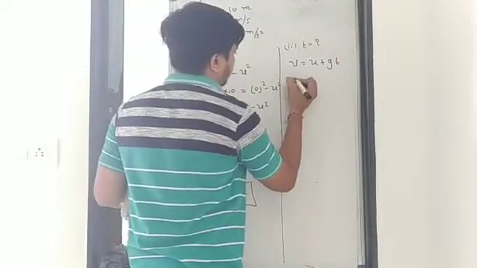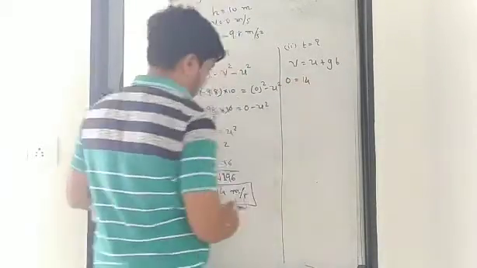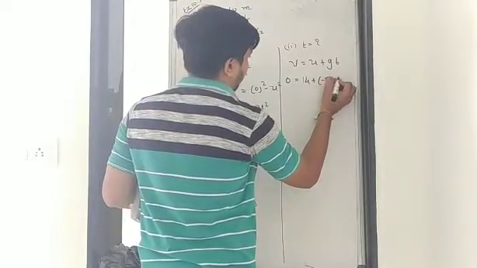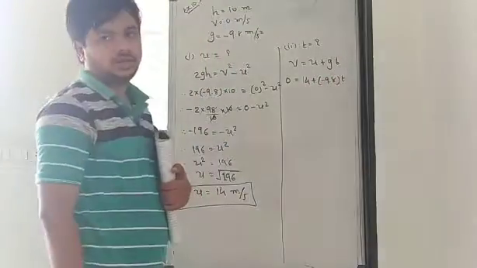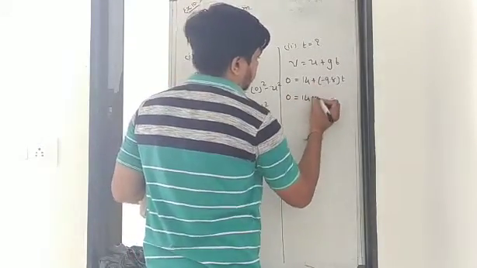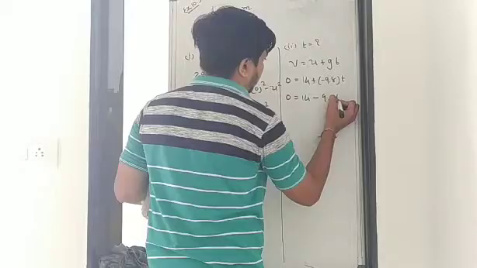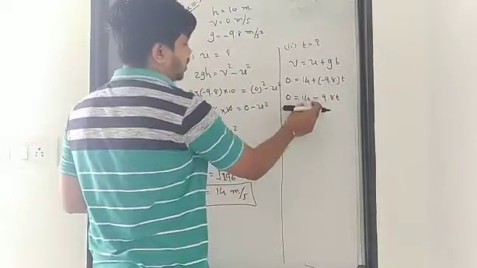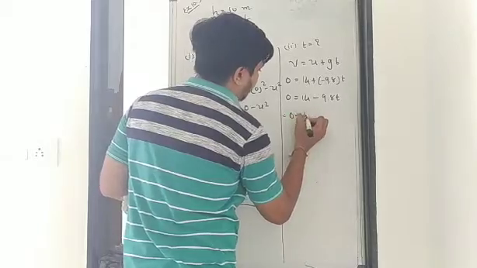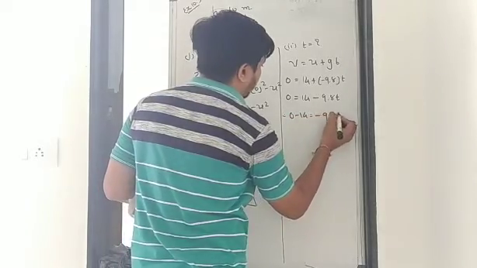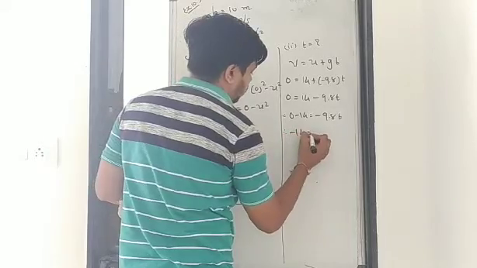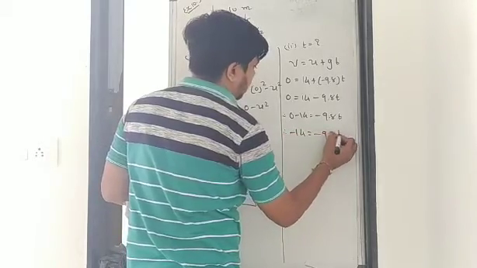So v is 0, u that we get is 14, plus minus 9.8 and here t, right? So here it's 0 is equal to 14 plus minus 9.8 t. Now put this 14 on the other side, then it gives you 0 minus 14 is equal to minus 9.8 t. 0 minus 14 gives you minus 14, so it's minus 14 equal to minus 9.8 t.